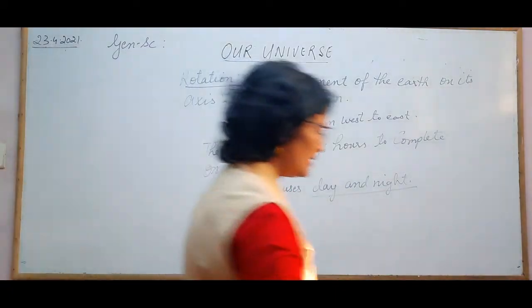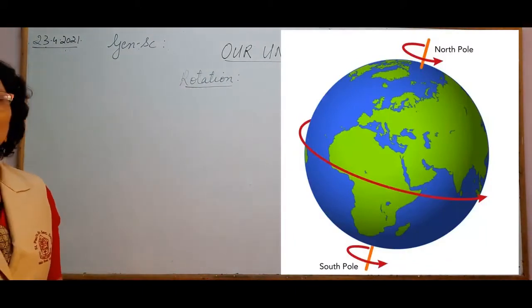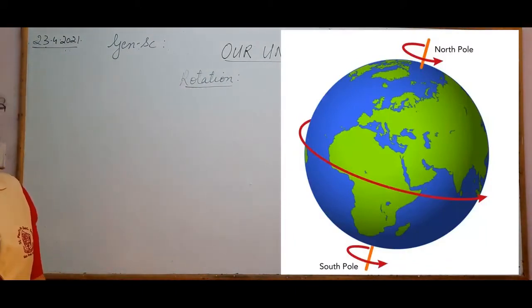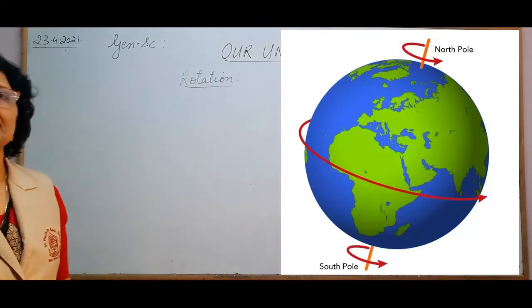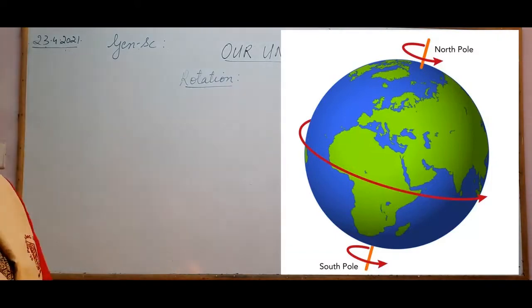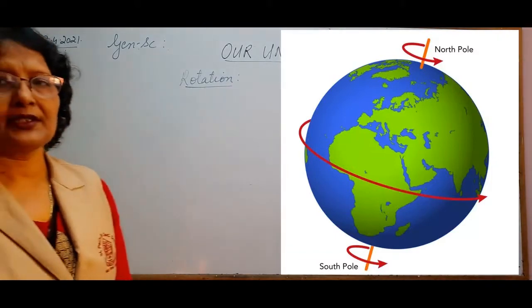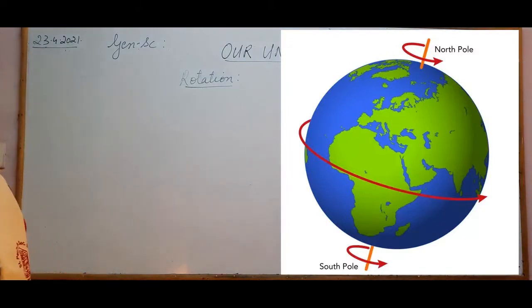Now you just see the diagram. This is the diagram of rotation of the earth. You can see clearly this shows how the earth spins on its axis and it completes one rotation in 24 hours and it causes day and night.